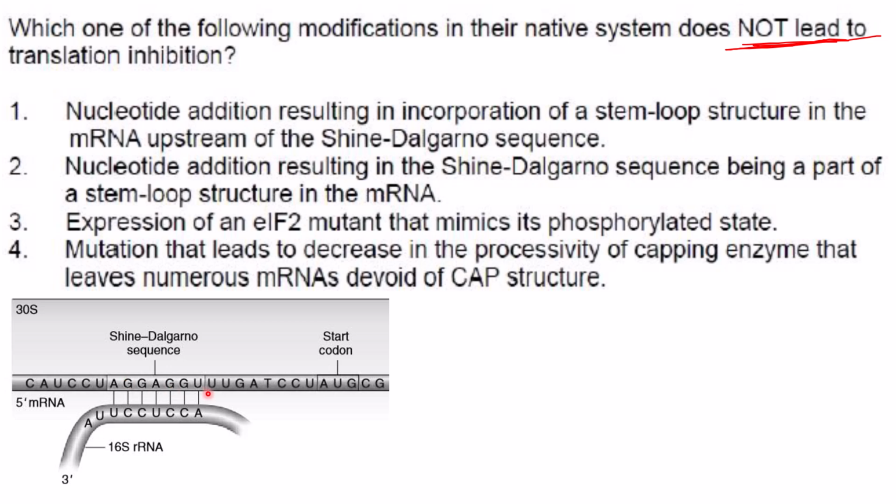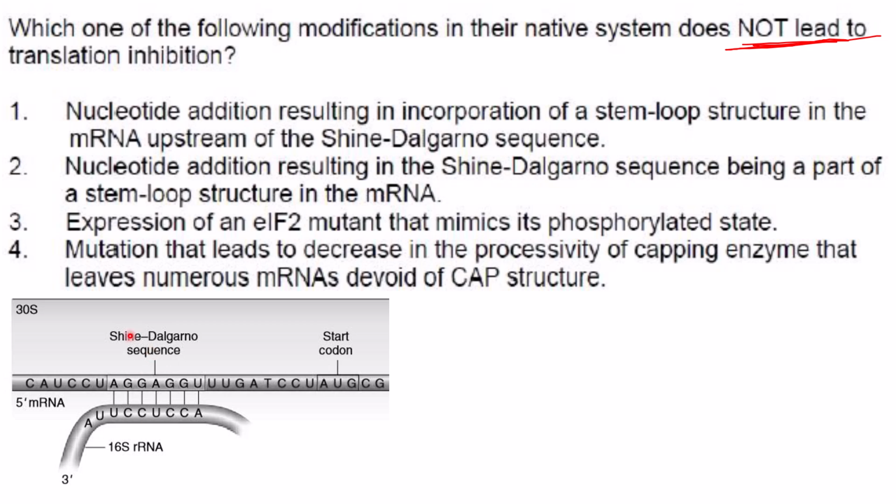Now the Shine-Dalgarno sequence has an anti-Shine-Dalgarno sequence at the 3' end of the 16S rRNA in the small subunit of the ribosome. So the Shine-Dalgarno sequence present in the mRNA will bind to this anti-Shine-Dalgarno sequence in the 16S rRNA through complementary base pairing.